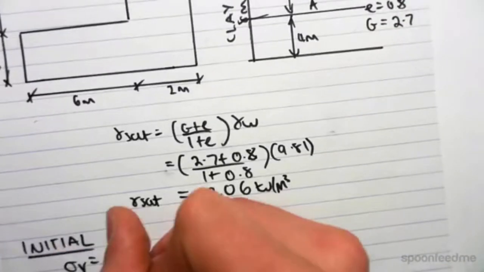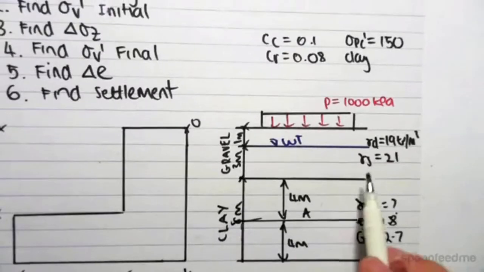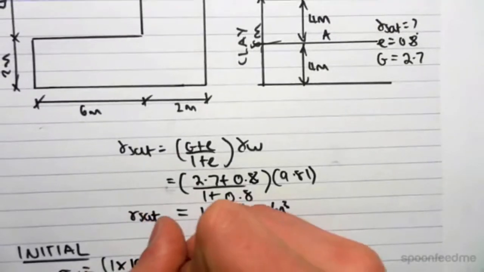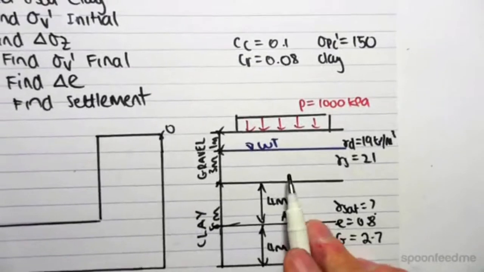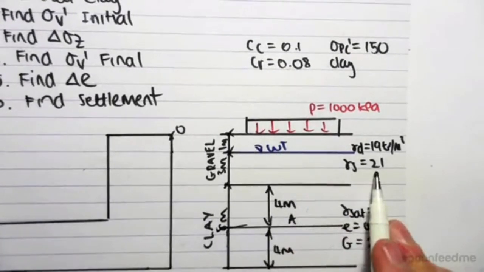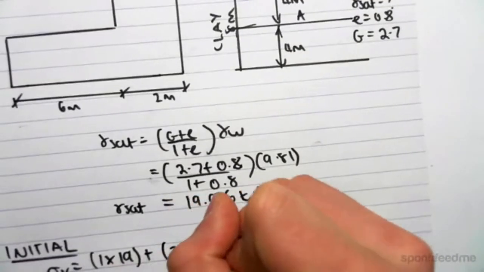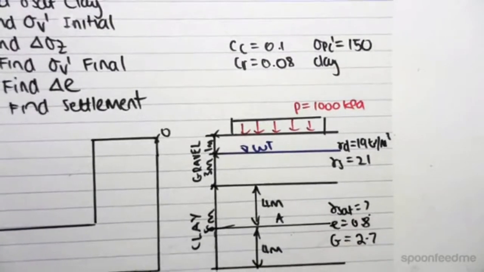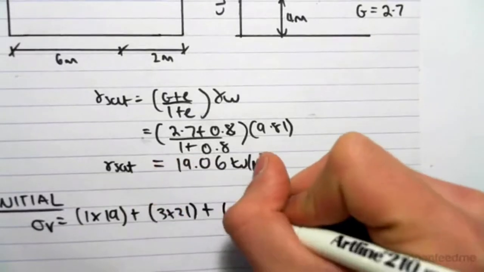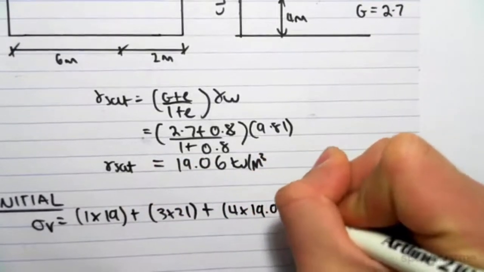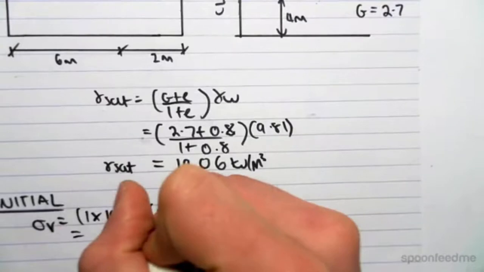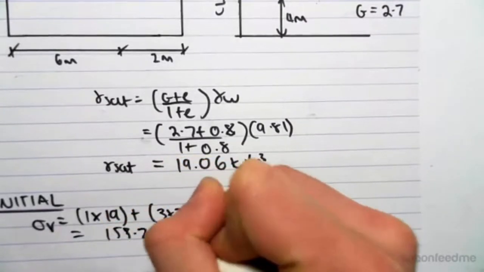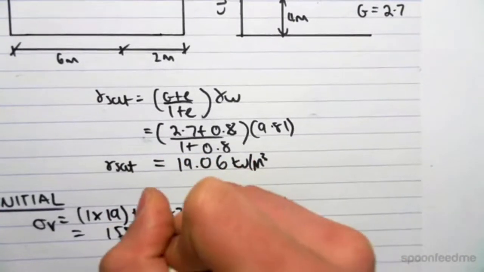So we're going to add all that up. It's 1 times 19, plus 3 meters of saturated gravel, which is 21, so 3 by 21, plus 4 meters of saturated clay, which we just found is 19.06, so plus 4 by 19.06, we get a value of 158.2 kPa.